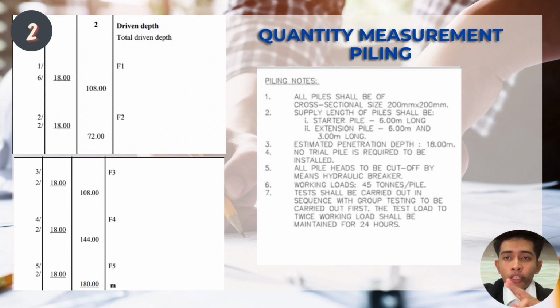The second column is dimension, where we take 18, because as you can see in the notes from the drawing, it says that we must assume 18 meters below for driven piles. So we times 1 times 6 times 18, and we get the answer 108 for driven pile for formwork 1. We continue the steps until formwork 5, and we get 180 meters.